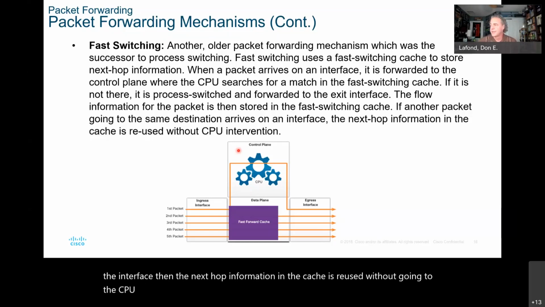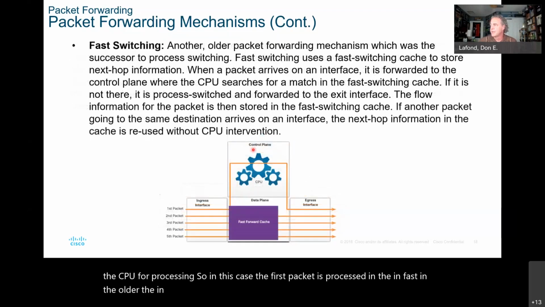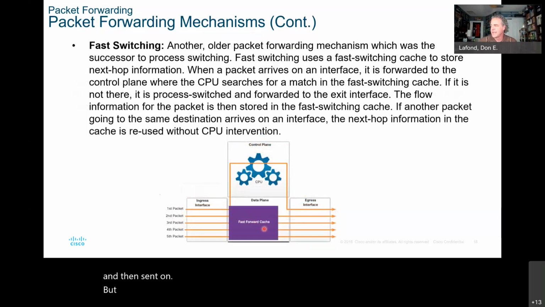So in this case, the first packet is processed in the older process switching method. The first packet is process switched and then sent on, but it's also stored in the fast forward cache. You might see it as FFC in the future, fast forward cache.